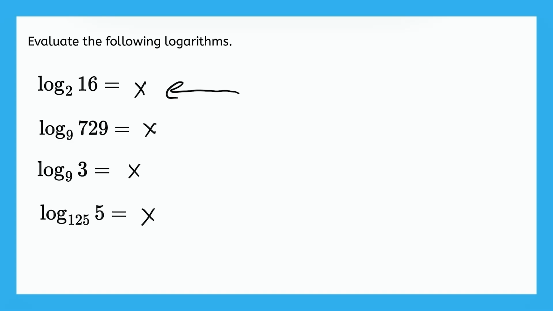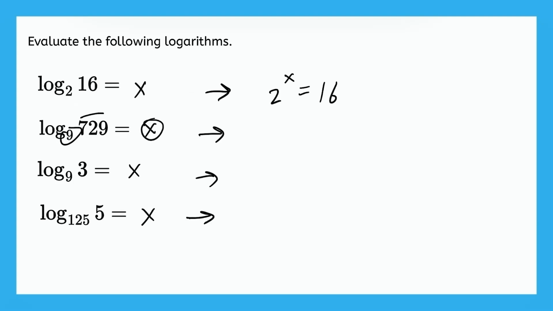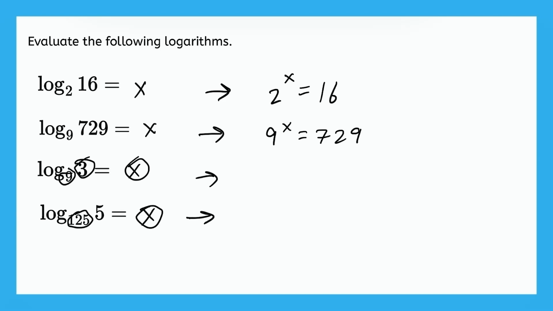So that's the same as saying 2 to the power of what equals 16. Just like this next one is saying 9 to the power of what is equal to 729. And this next one is saying 9 to the power of what equals 3. And this last one is saying 125 to the power of what equals 5.